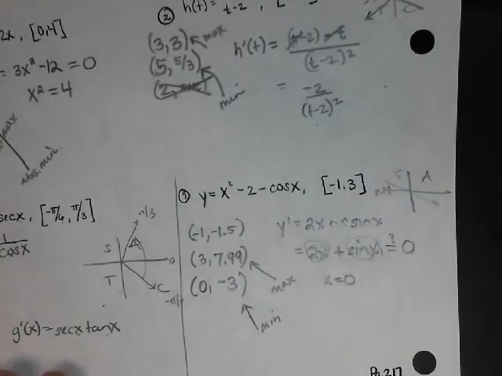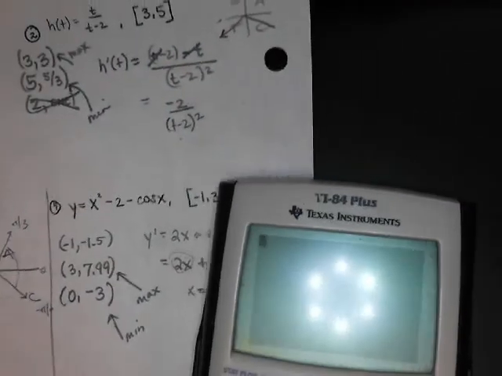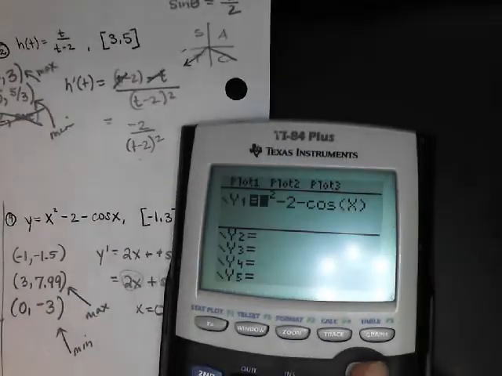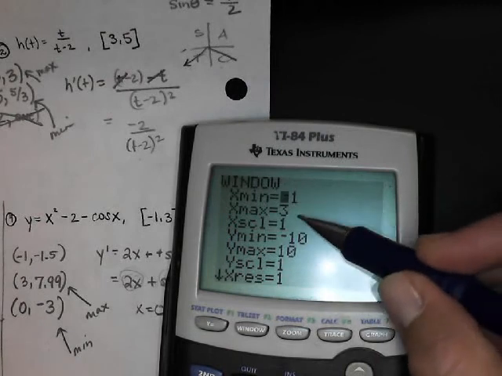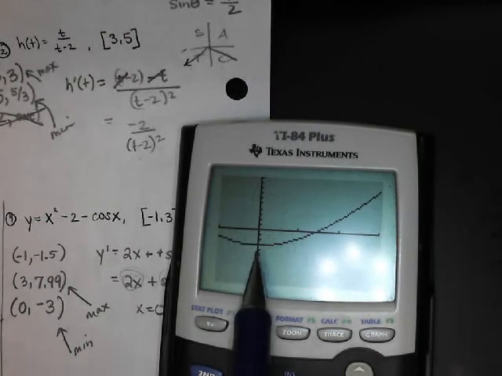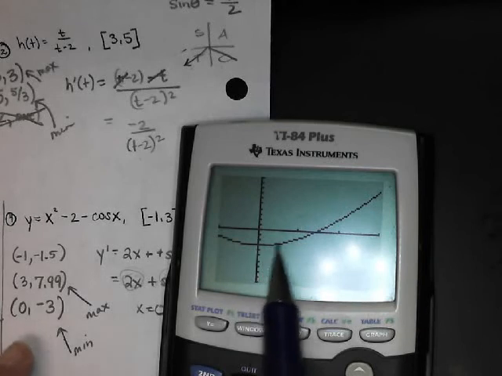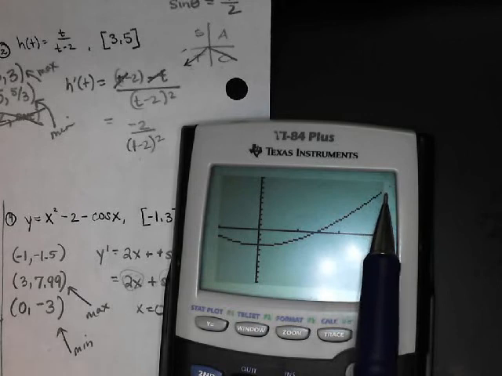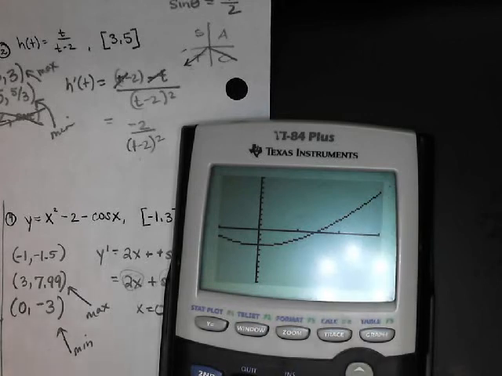And I went ahead and graphed this function specifically on the interval from -1 to 3. So -1 to 3, took a peek at it, and you can see the absolute minimum is here, so 0, -3 makes sense, and the absolute maximum is at one of the endpoints, 3 and then 7.99.